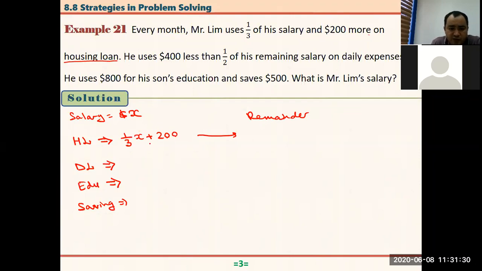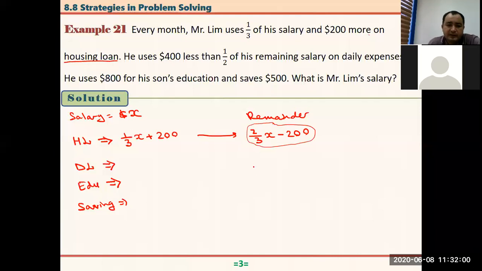If he uses 1/3 of his salary plus $200 on housing loan, how much is left here? It is 2/3 of X minus 200, right? How do I know that? When we add them together, it must give us X. 200 minus 200 is equal to 0. 1/3 plus 2/3 is equal to 1, 1X equals X. So now, after spending on housing loan, he has this much left.